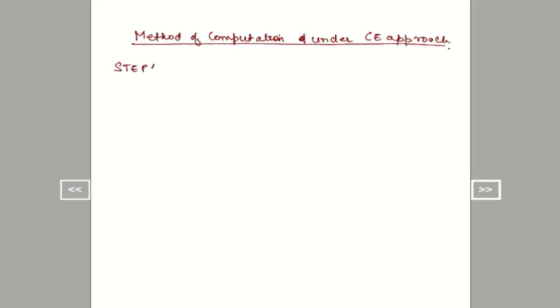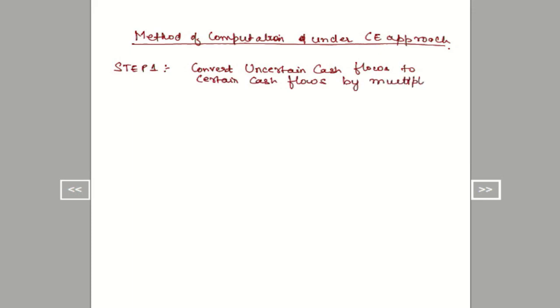Step 1: convert uncertain cash flows to certain cash flows by multiplying them with the certainty equivalent factor.